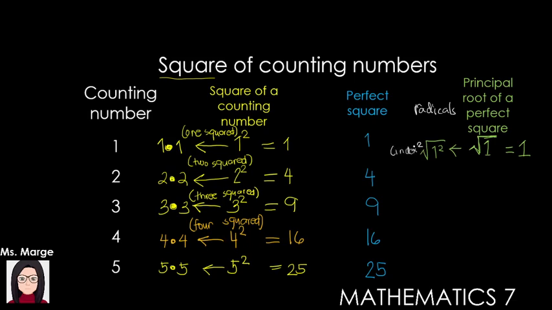Pag equal ang index at saka yung exponent ng radicand mo, ito yung radicand, pag equal kasi yan, itong index at saka radicand, matatanggal yan, tanggal pa pati yung radical symbol natin.